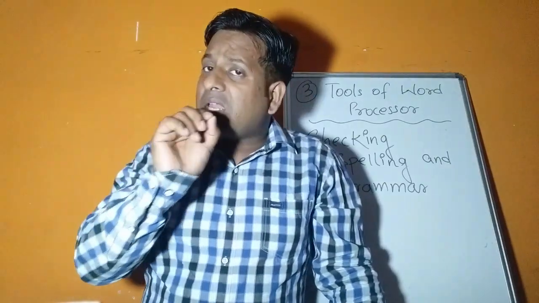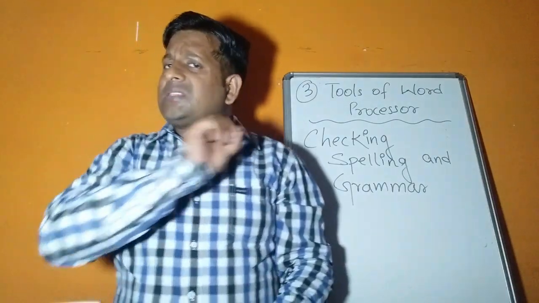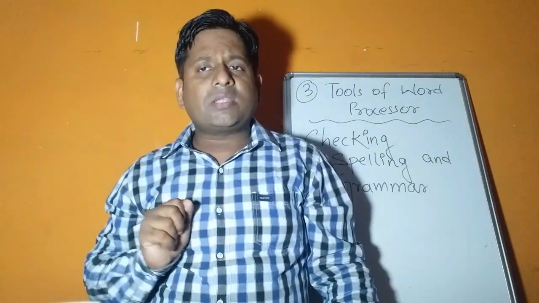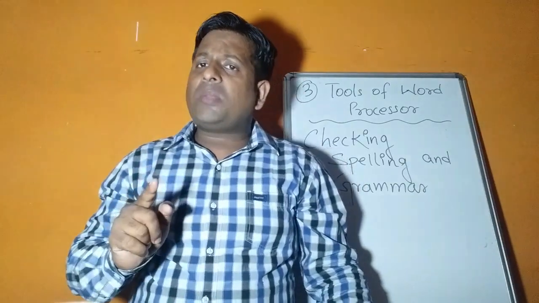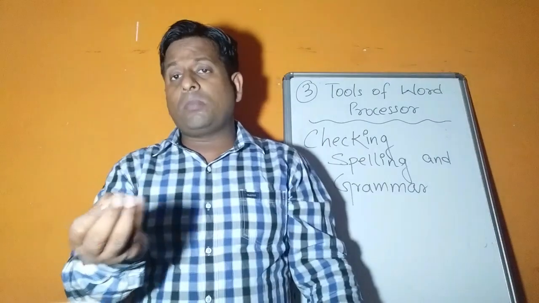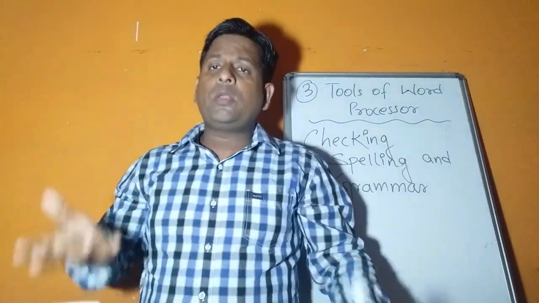And one more underline you get, that is green color. Sometimes you will find your entire sentence is underlined by a green underline. So green underline means a grammatical mistake is there. That means you may be missing a semicolon, comma, or capital letters, or maybe you forgot to give an apostrophe s or question mark or exclamation mark.